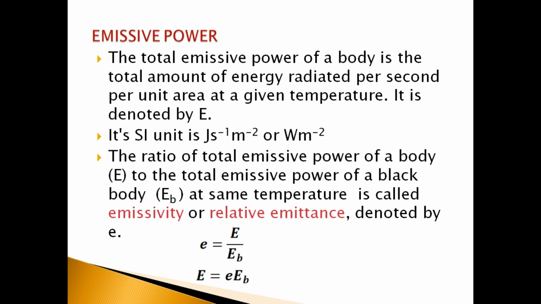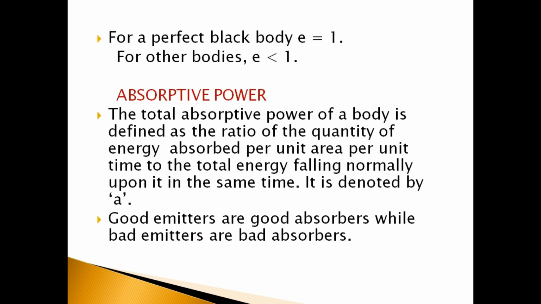Now for a perfect black body, emissivity is equal to 1. For other bodies, emissivity is less than 1. There are bodies that are not perfect black bodies but can be called black bodies. They are similar to black bodies. These bodies have emissivity less than 1.